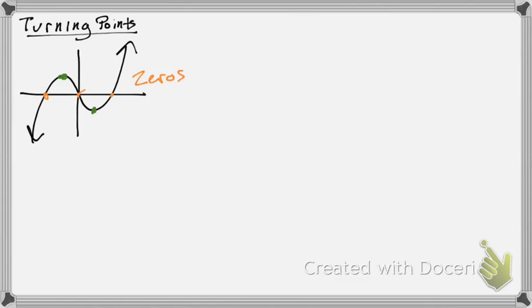So these points that I just highlighted in green are called local maximum or minimum, or turning points. And I think turning points is pretty straightforward because that's where the graph takes a turn from one direction to the next. So each of these points in green are called turning points.